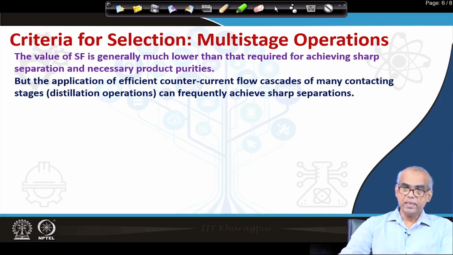But the application of efficient countercurrent flow cascades of many contacting stages such as distillation operation can frequently achieve specified sharp separations.